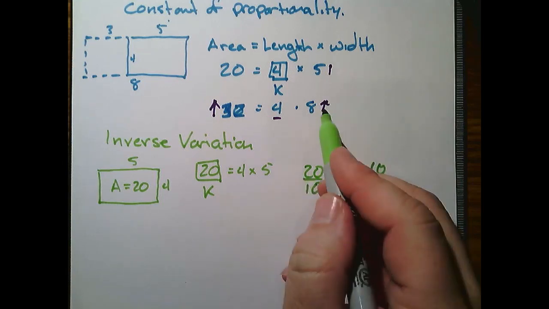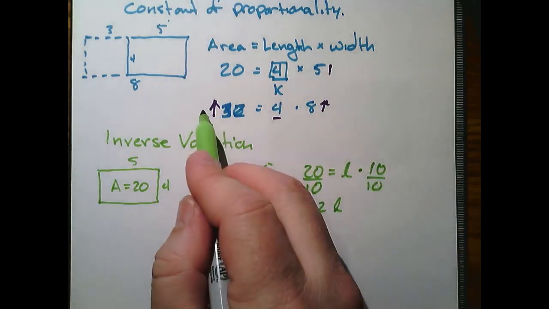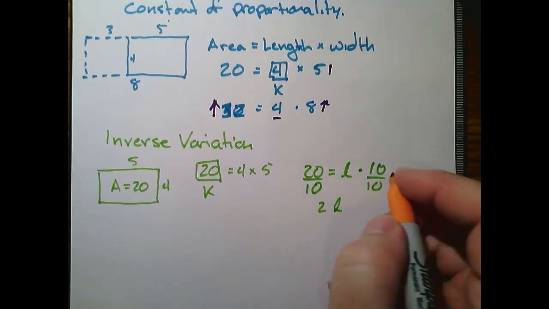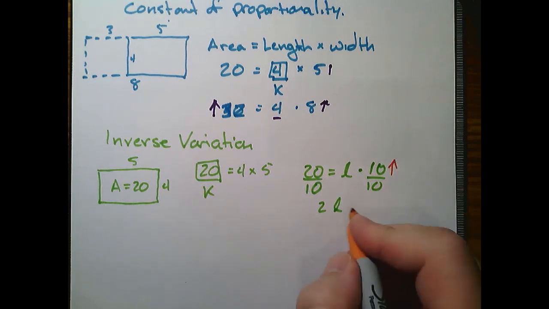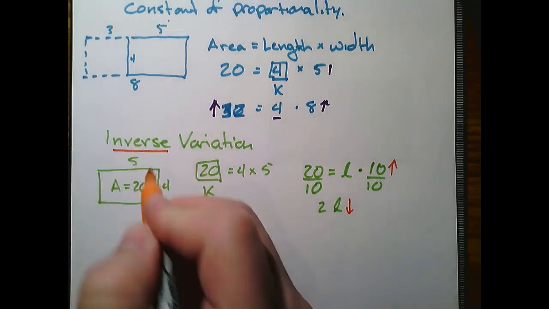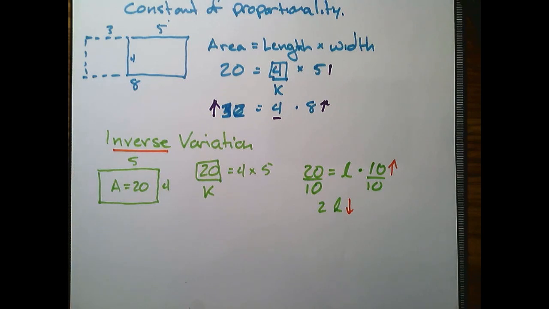But wait a minute. Up here, as one increased, the other increased. But down here, as my width increased, my length decreased. Well, that makes it an inverse variation.